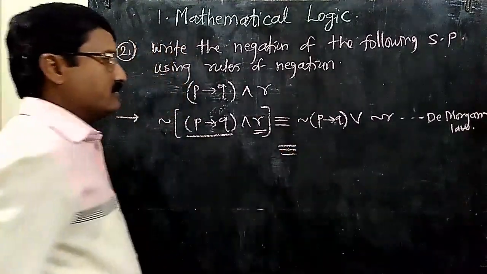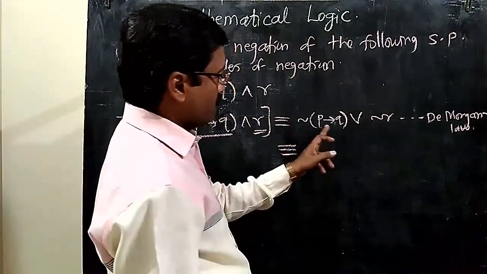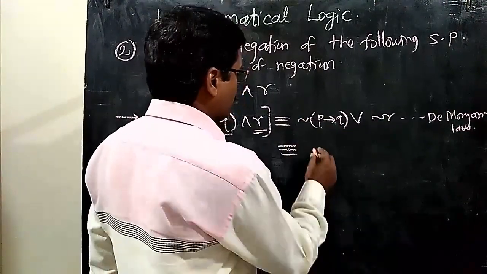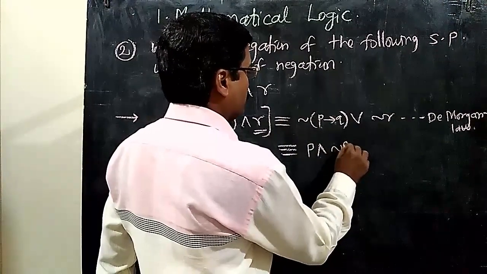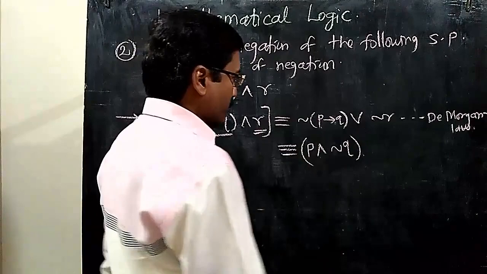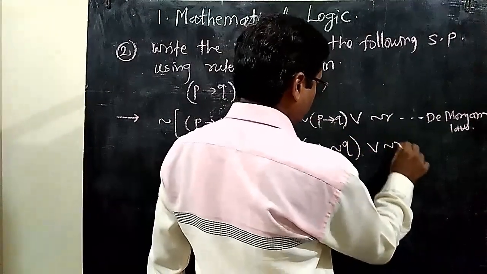Now this is equivalent to. Now apply this negation over this implication. So by rule, negation of implication is nothing but the first statement as it is and negation of the second. This is by the rule of negation of implication, and this remaining part as it is.